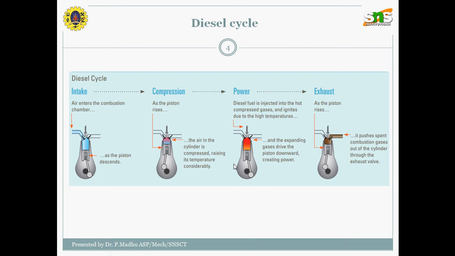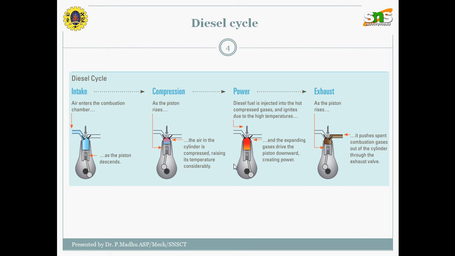In this, first the intake, compression, power and exhaust, everybody knows. Why is it intake? Air alone enters into the cylinder, and in the compression stroke, after the air alone enters, it is compressed.